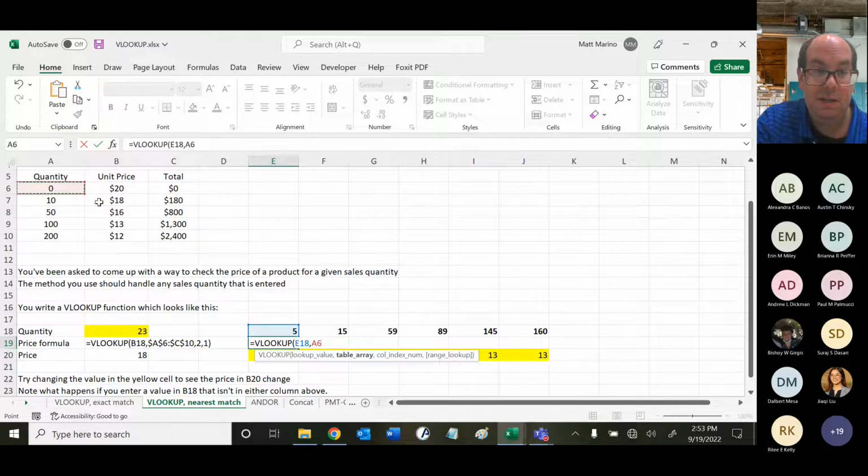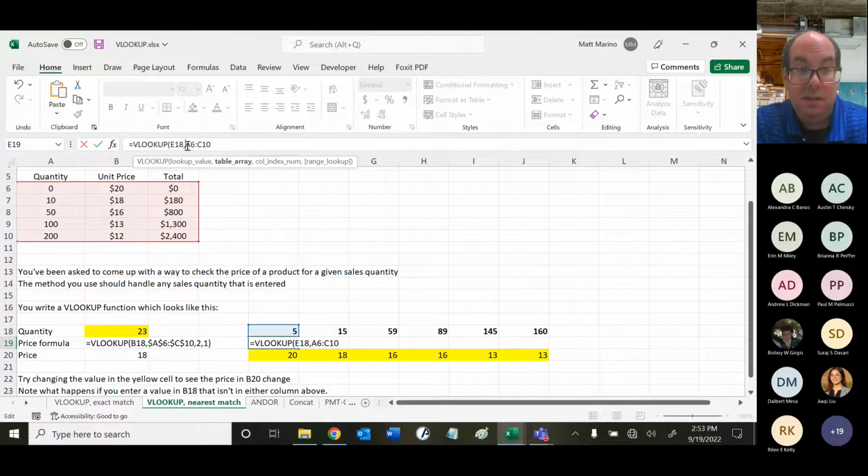We have to highlight our table, right? And make sure that it's absolute. And then how many columns do we need? Four. Why would we need 4 columns?